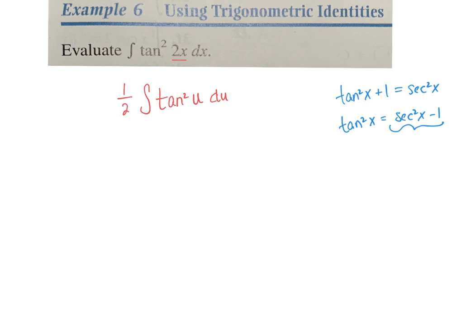It's not like u substitution where you do the derivative. Like if I had sine squared plus cosine squared, I would definitely change that to 1 and take the antiderivative of that. So all I'm doing is replacing it. So instead of tangent squared of u, I'm going to say secant squared of u minus 1.